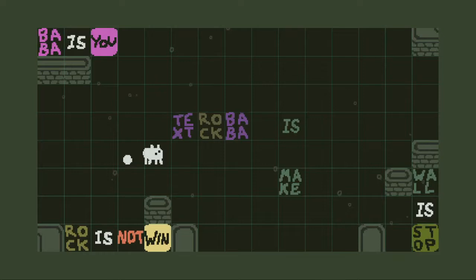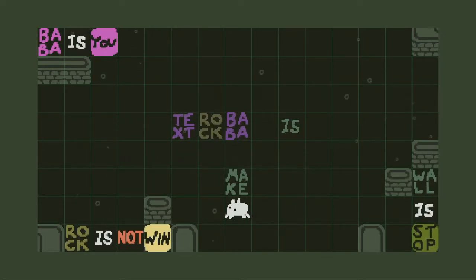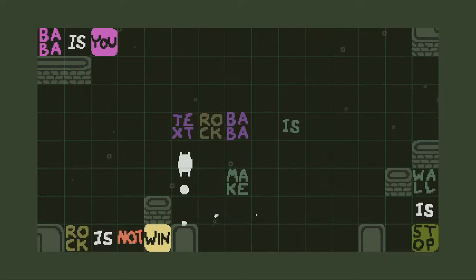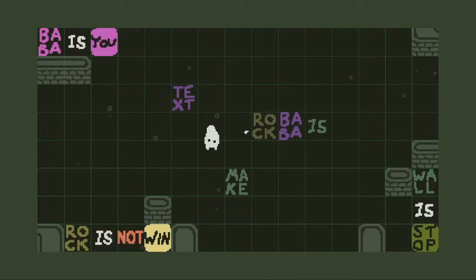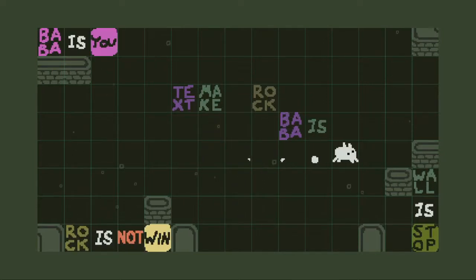For example, if I said, Baba make... No, let's say, text make rock. So I'll end up with a rock under every bit of text.